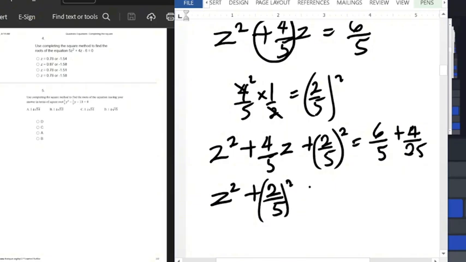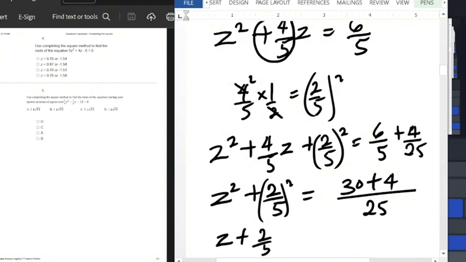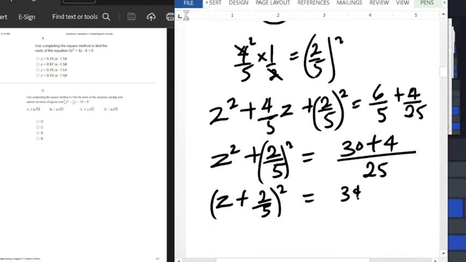So this will then give us z plus 2 over 5, everything squared, equals to, find the LCM here, which is 25. 5 times 6 is 30, plus 4. So 1 times 4 is 4. This will give us z plus 2 over 5, everything squared, equals 34 over 25.